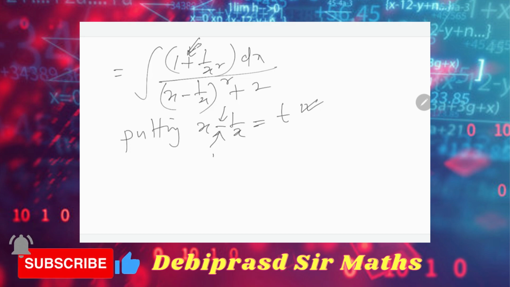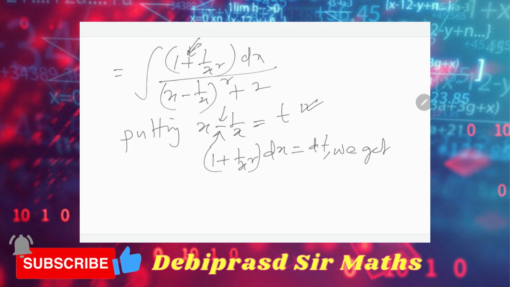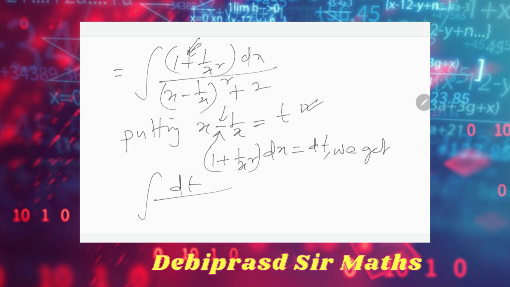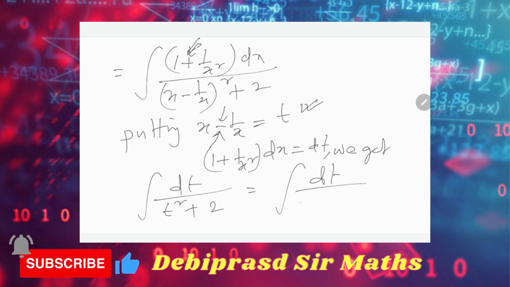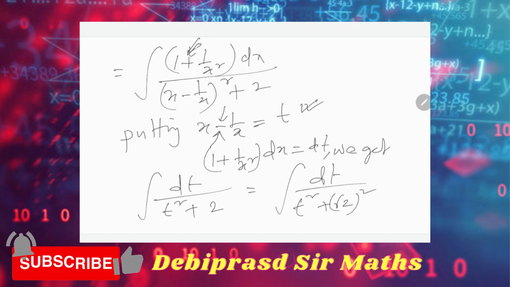So this one, (1 plus 1 by x square) dx is equal to dt. We get integration dt by t square plus 2. That means dt by t square plus root 2 whole square.